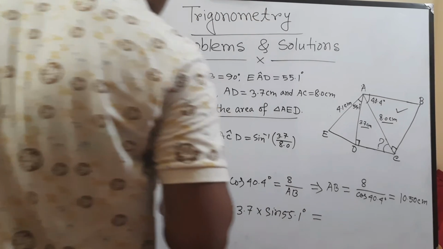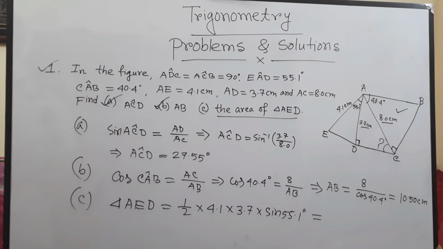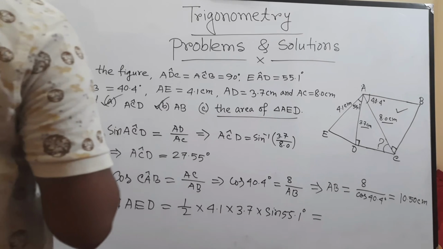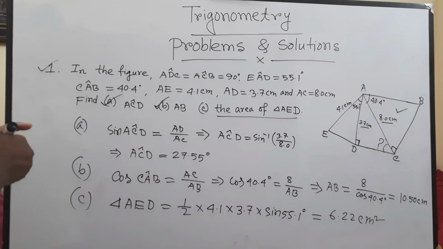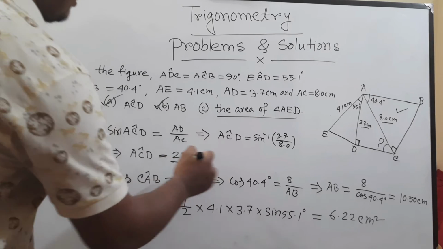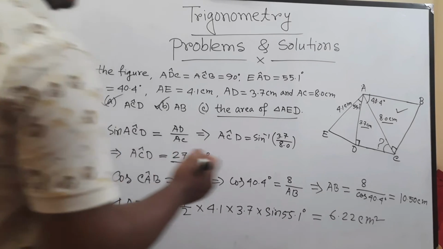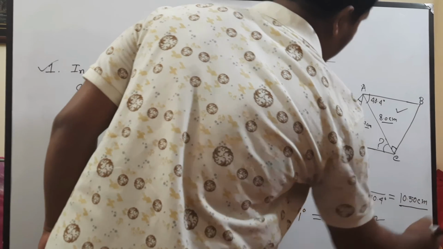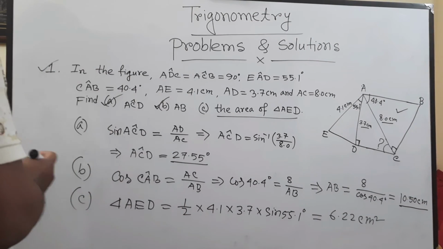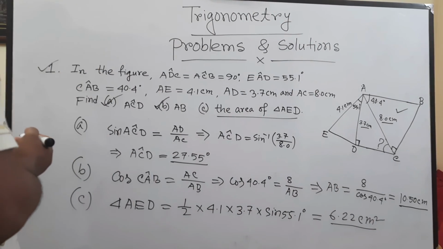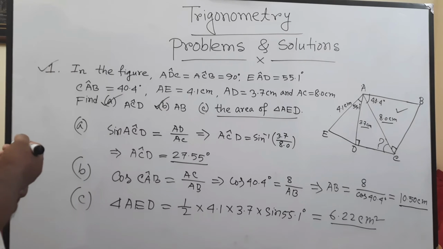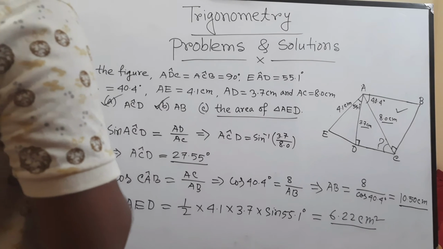Okay, now if we calculate this by using the calculator, then the value of this area will be 6.22 centimeter square. So this is the solution of this question number 1. So first we found the angle ACD, and in the second question we calculated the length of AB, and finally we found the area of the triangle, that is 6.22 centimeter square.